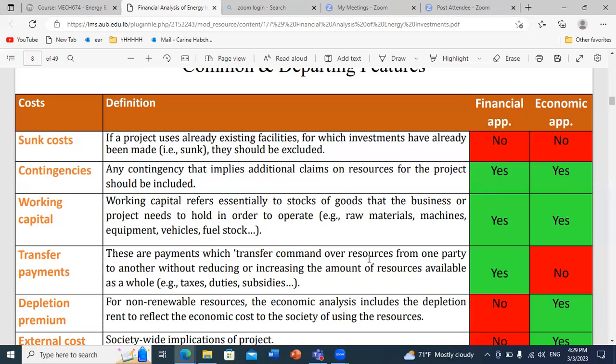You should include them in the financial approach, but not in the economic one, because whenever you are doing a private investment, you have a lot of duties and taxes to pay to the society or country, while when the country invests, it will not have to pay itself any tax or any duty. So this is one of the main differences between financial and economical approach.